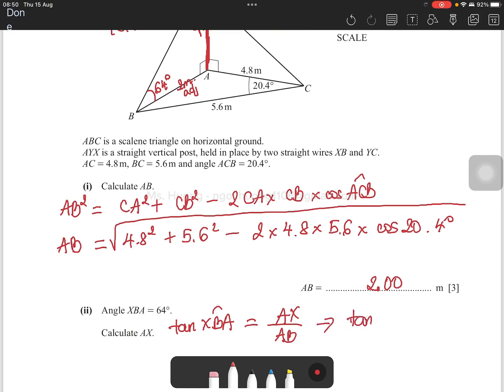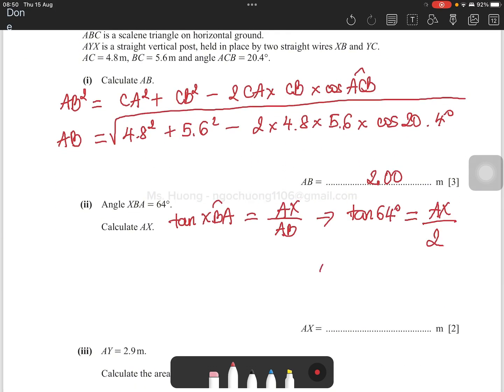So XBA is 64 degrees. AX is what we want to find. And AB is 2 meters. So the length of AX is equal to 2 multiplied by tan 64 degrees.